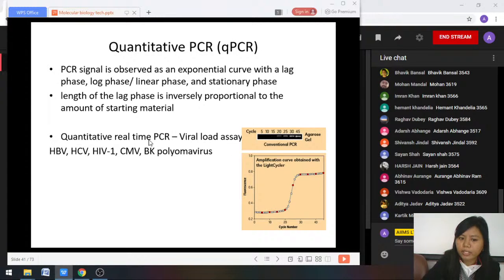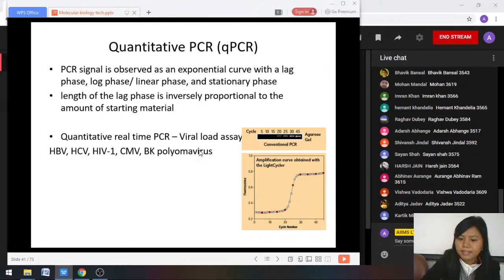So you can quantitate the number of organisms in the sample. This has huge application because it's been used in HIV, hepatitis B, hepatitis C, cytomegalovirus, BK viruses, and it is used in identifying development of resistance, for prognosticating, and for following treatment response, right?